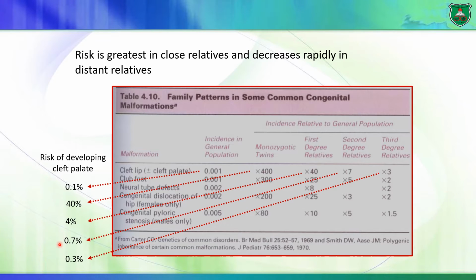Second degree relatives, it becomes closer to 1%, 0.7%. And third degree relatives, it decreases to 0.3%. It is still higher than the risk in the general population, but it decreases as the relationship becomes more distant.